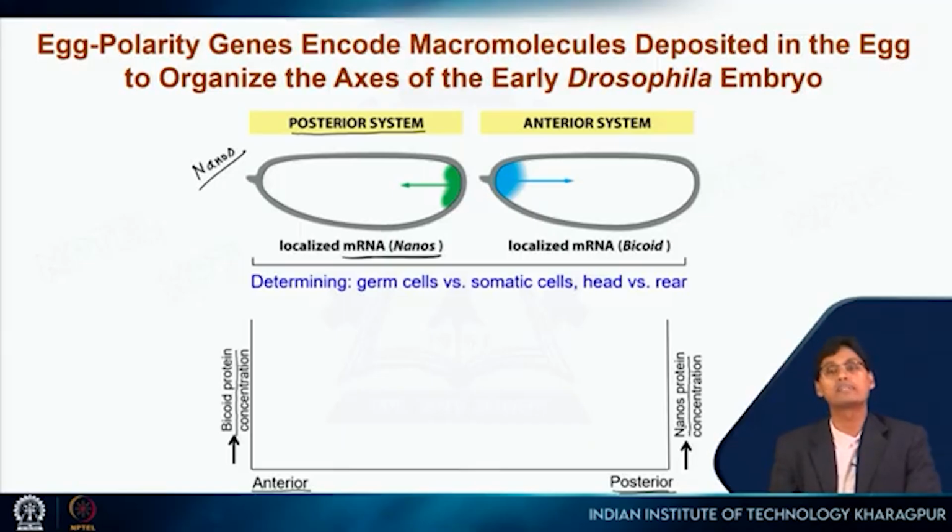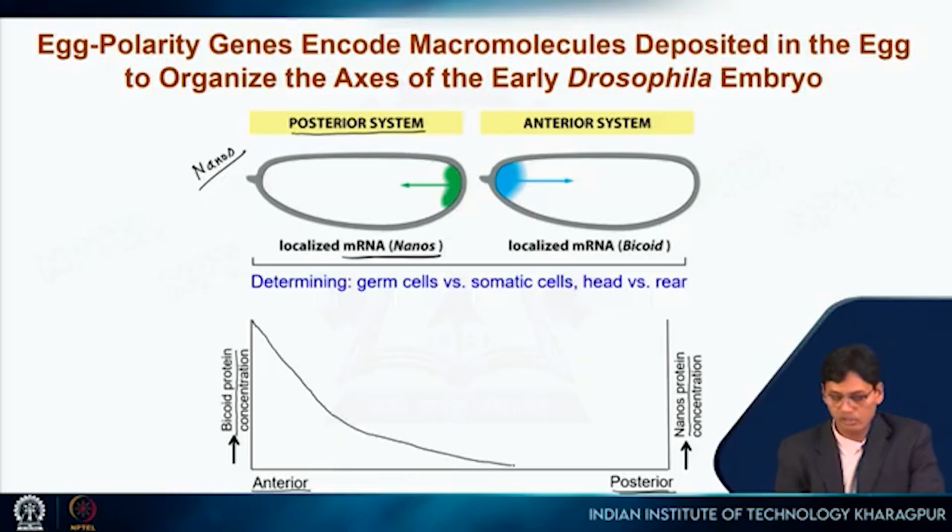How does it look? It is very simple, as I already explained. The bicoid protein concentration will go something like this in a normal Drosophila, no mutant, nothing. Similarly, nanos protein will be something like this, just opposite.